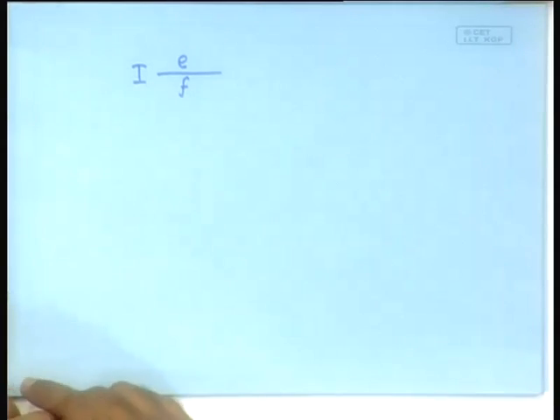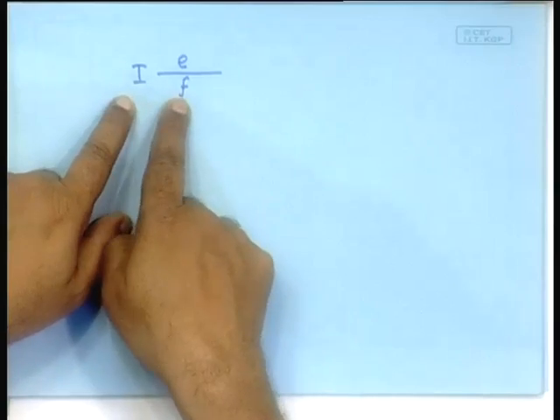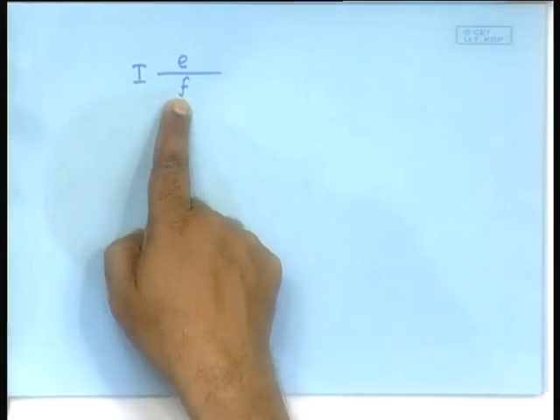But there are situations where the flow could be given by the effort not only in this bond, but in another bond also. Where? Imagine the situation of a mutual inductance.